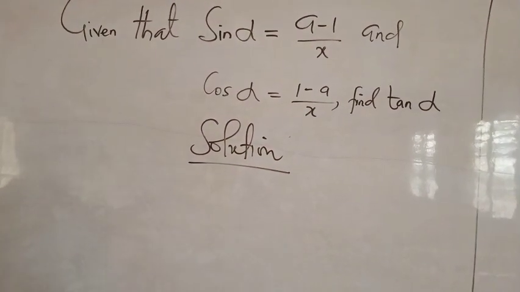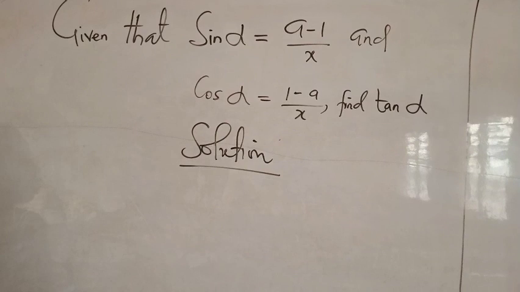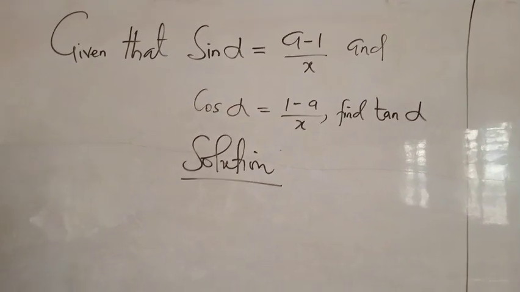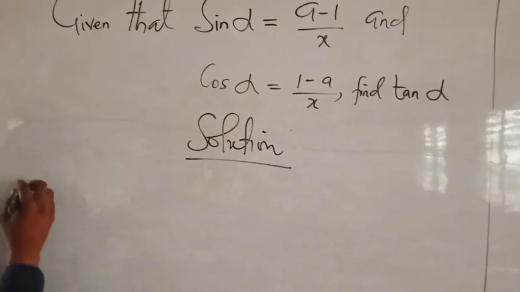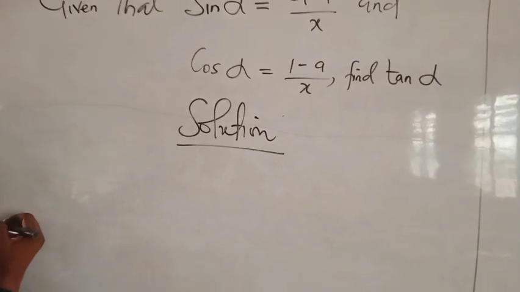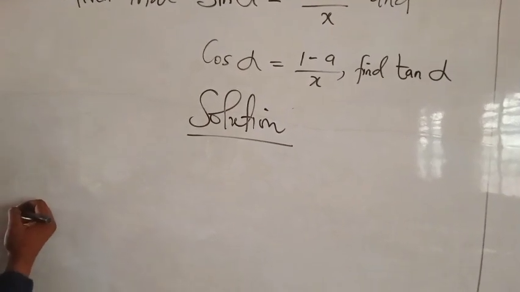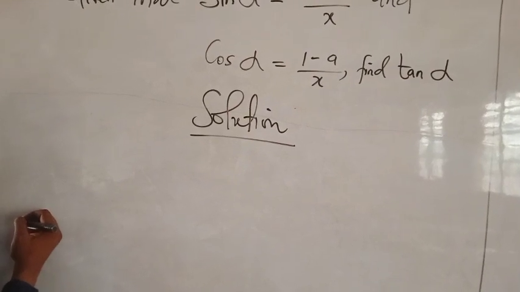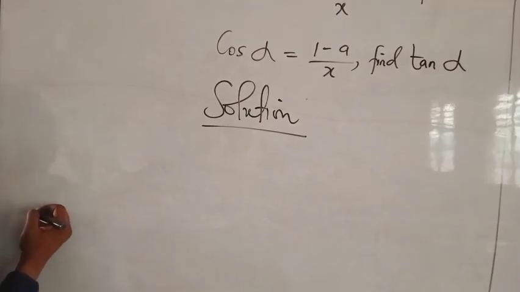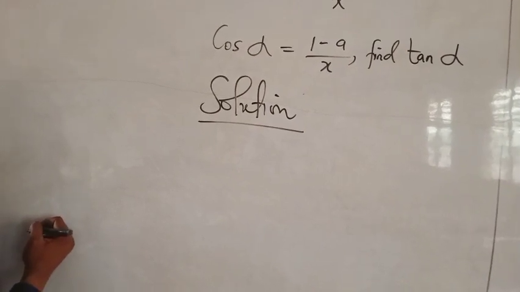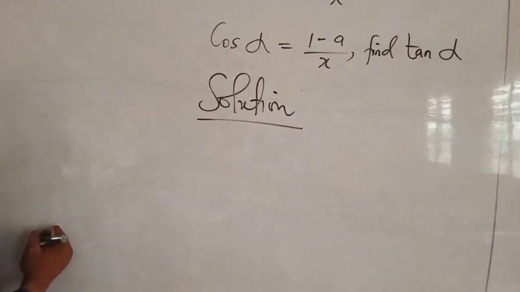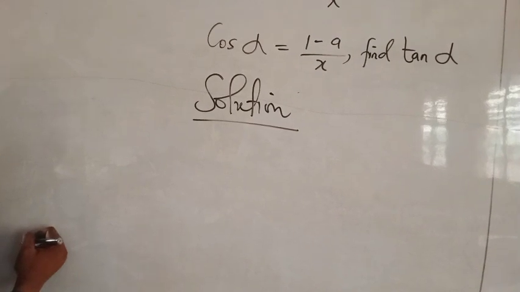Okay, we know from our knowledge of trigonometry, from Pythagoras, that sine is equal to opposite over hypotenuse, and of course cos is equal to adjacent over hypotenuse, and tan is equal to opposite over adjacent.